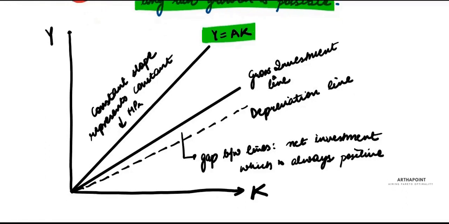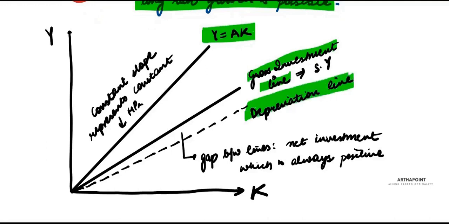You can take y here and you can take K here. And this is the investment which took place, which is nothing but some proportion of y. And this is depreciation, which is nothing but some proportion of capital. And the gap between these two is the net investment, which is always positive.